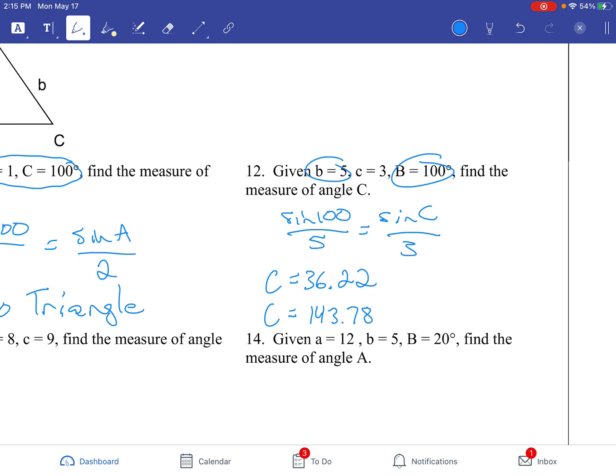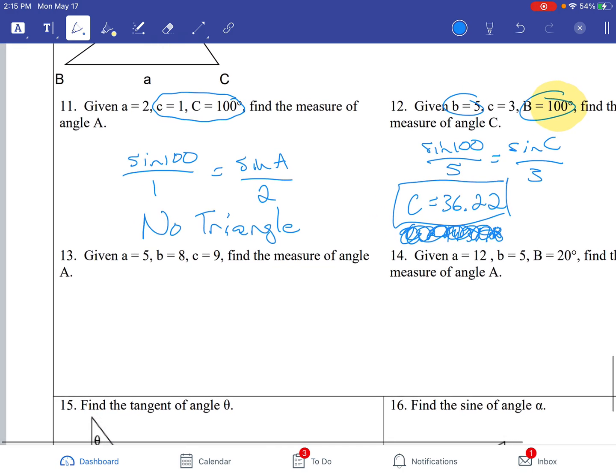The problem you have is, with our given angle of 100, 100 plus 143 is way over 180, so that cannot exist because it's too much. It's too many degrees in a triangle. There's not enough room for a third angle in there if those two are taking 243. So there's only one answer, and it is that one.